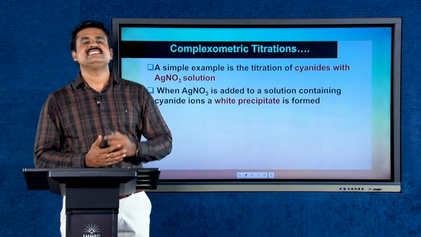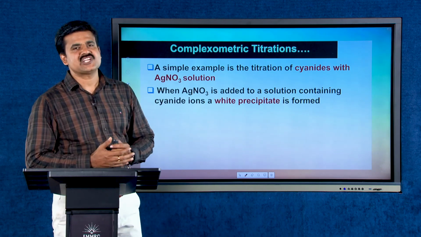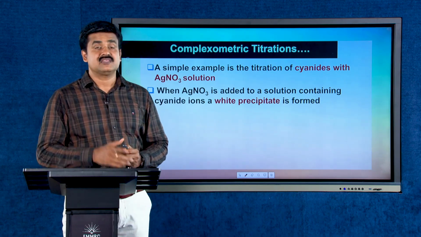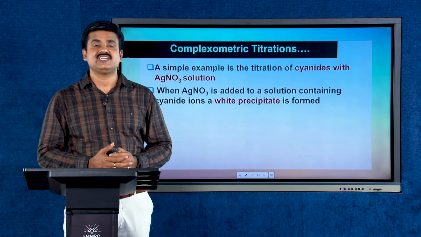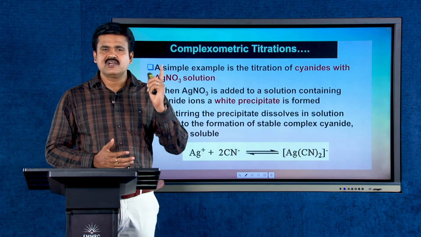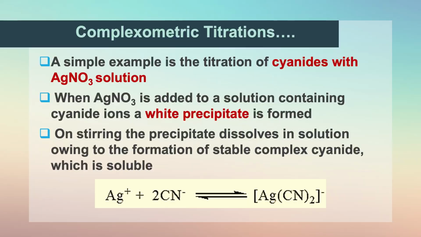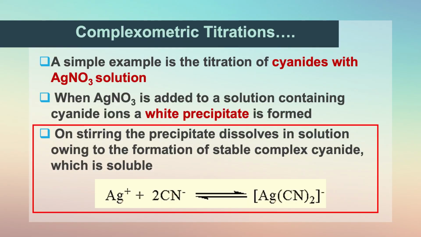So, when AgNO3 is added to a solution containing cyanide ions, a white precipitate forms. And on continuous stirring, the precipitate of AgCN dissolves in solution owing to the formation of a new complex cyanide with the molecular formula Ag(CN)2 minus, and this is indicated by the reaction Ag+ ion plus 2CN- ion reversibly produces Ag(CN)2-.